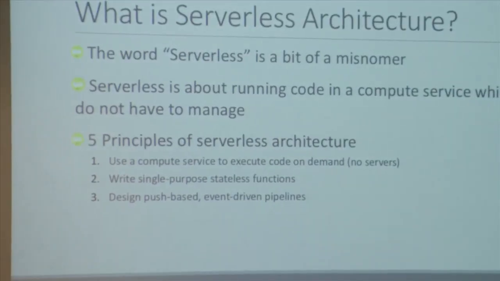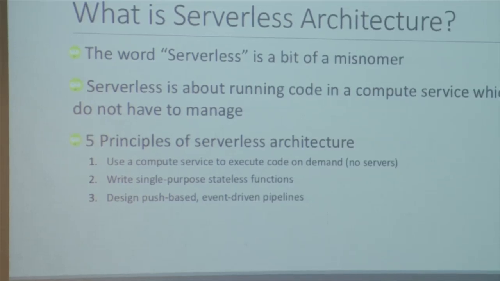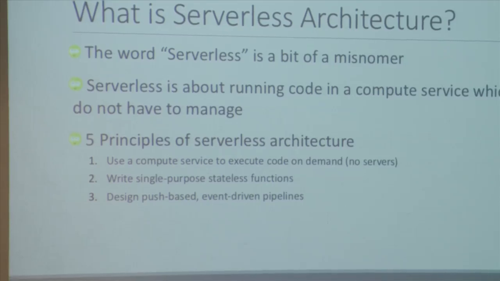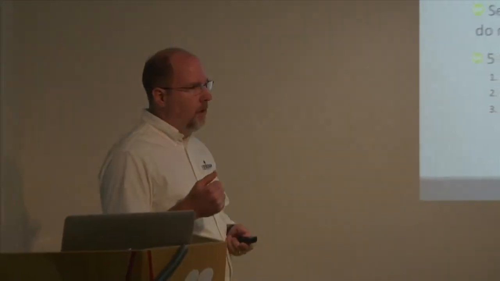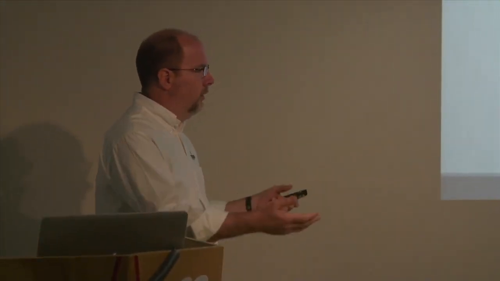The other thing is to design a push-based, event-driven pipeline. So what does this mean? If you go to the AWS site and look under Lambda and some of their other services, they love to use this example, and a lot of people use it: I push an image or a video up to S3.